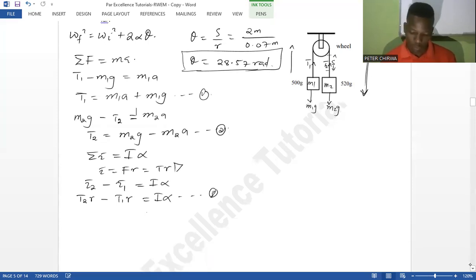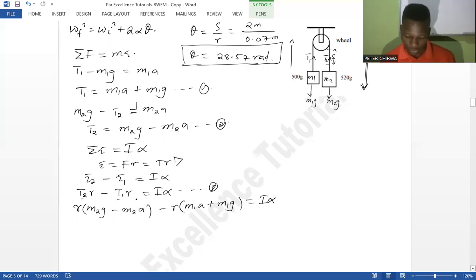So what do you see here? What you can see is that tension 2 and tension 1, we can replace them by these equations. So we're going to have radius multiplying tension 2, and tension 2 is m2g minus m2a, minus r times tension 1, which is m1a plus m1g, equal to inertia times angular acceleration.